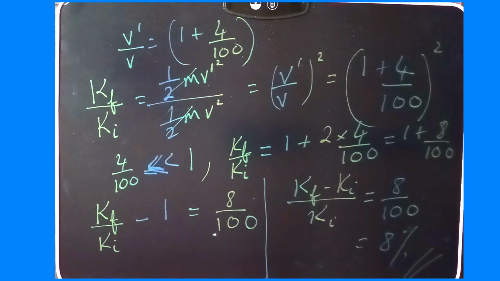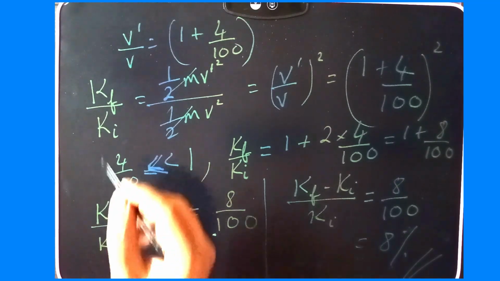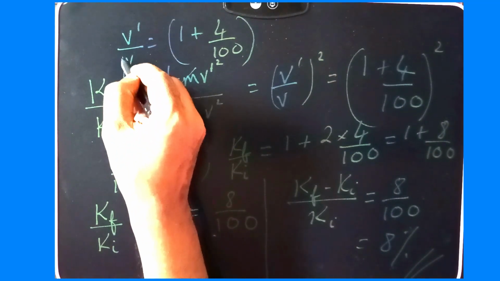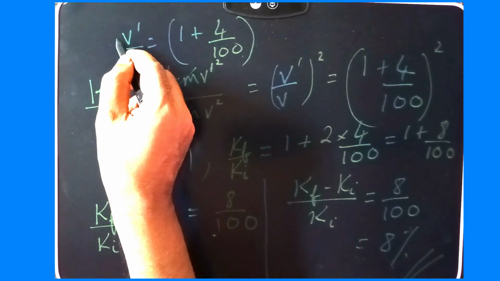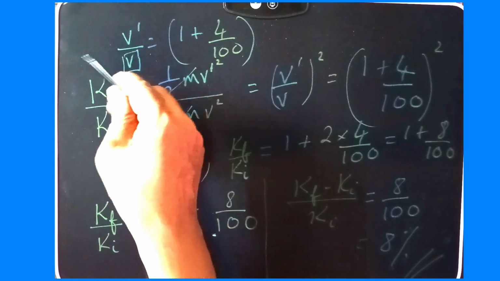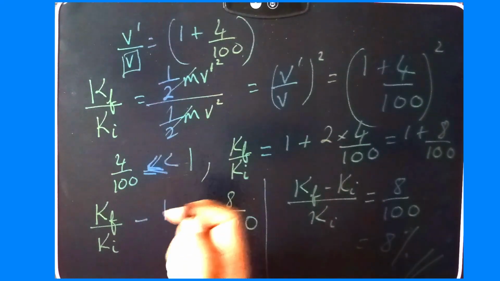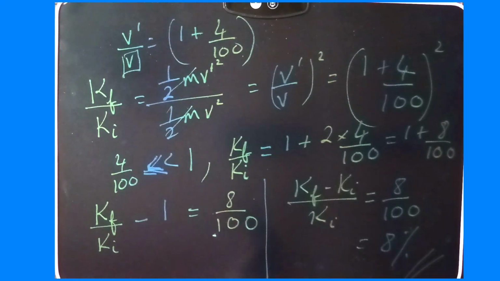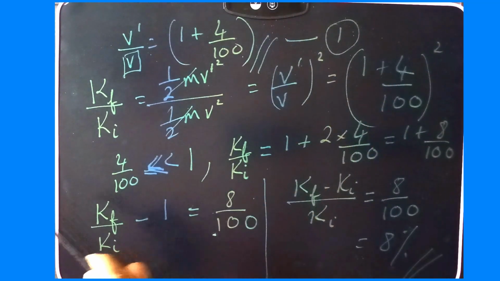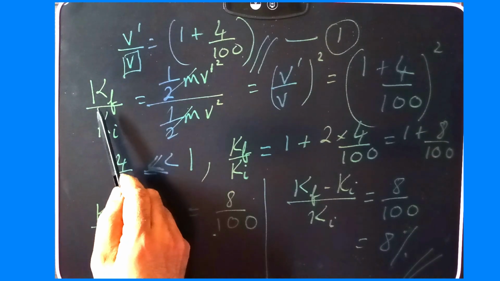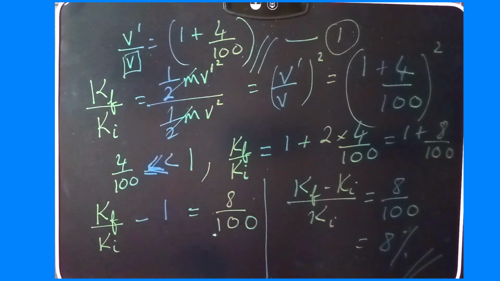Okay, so what did we do? The velocity was increased by 4%, so we added the initial velocity with 4% of it. Then we got this equation 1. Once we got this equation, we first took the ratio of final kinetic energy with initial kinetic energy.